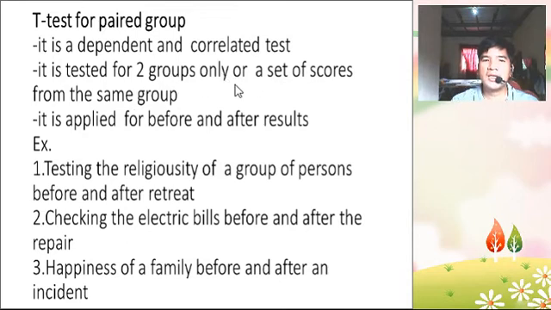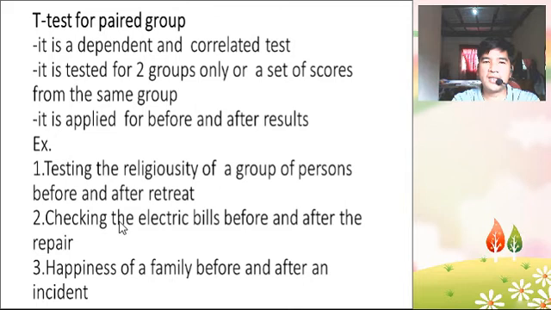So I mean to say you can only use this test for paired group if there are two groups only. You cannot use this for three or more groups. And the set of scores came from the same group. It is applied for before and after results. For example, if you want to test the religiosity of a group of persons before and after a retreat, you can use this t-test.